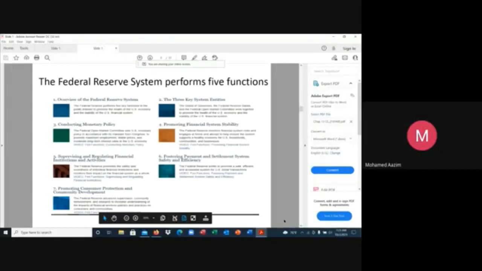So they look at financial system risk and engage at home and abroad to help ensure the system supports a healthy economy for US households, communities, and businesses. Effectively, they promote financial system stability to support a healthy US economy and its stakeholders.